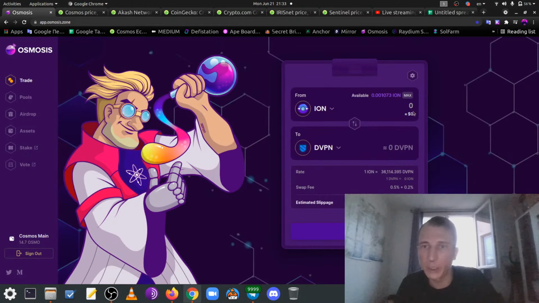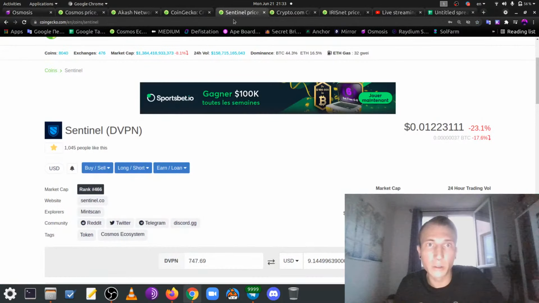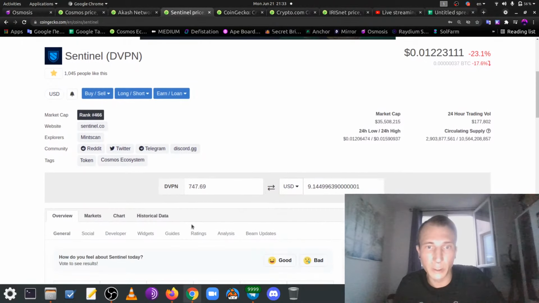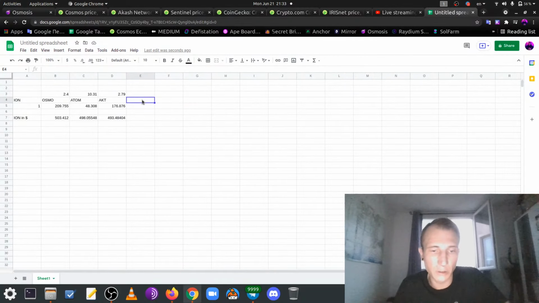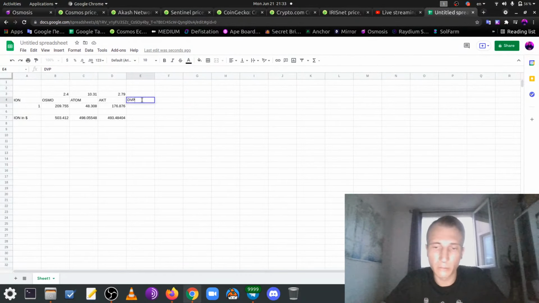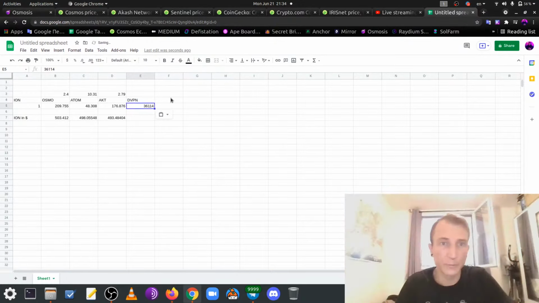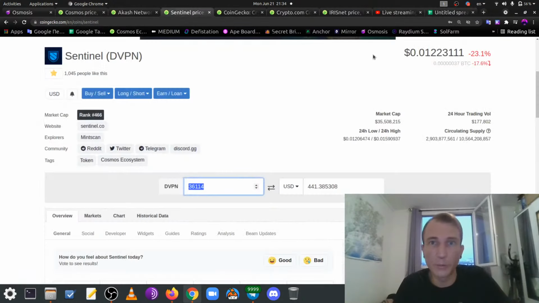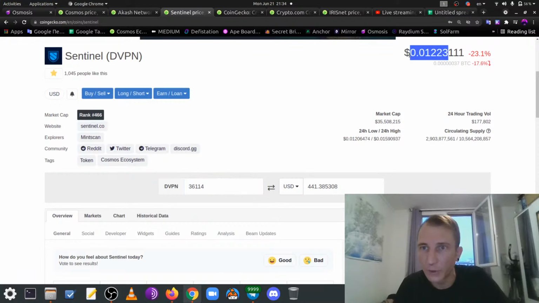After we look at Ion and GVPN, and we understand for the one Ion we will get so much GVPN. What is so much GVPN in the market understanding? 4 for 1. We go here and GVPN. And we look at the price of GVPN, something like this.